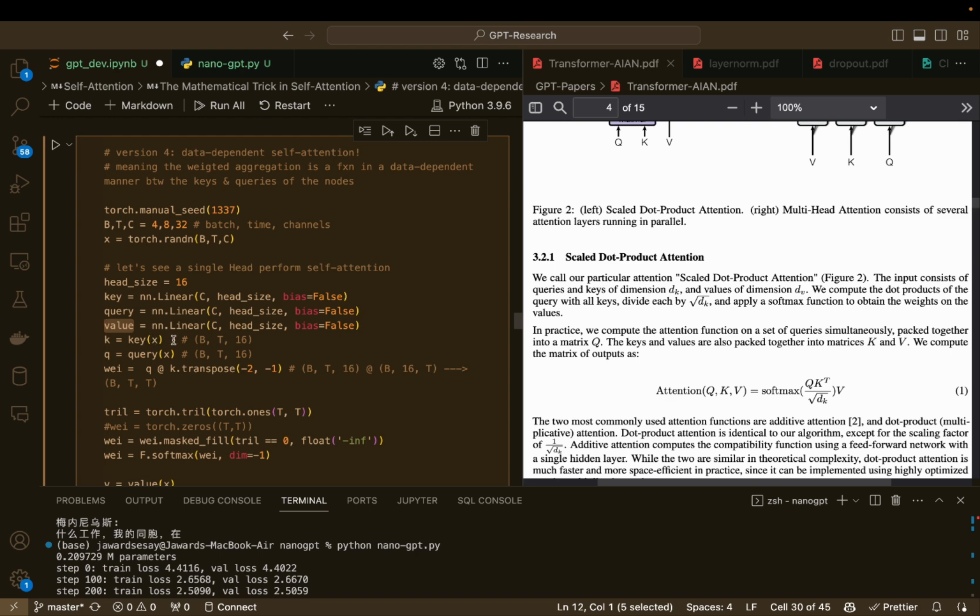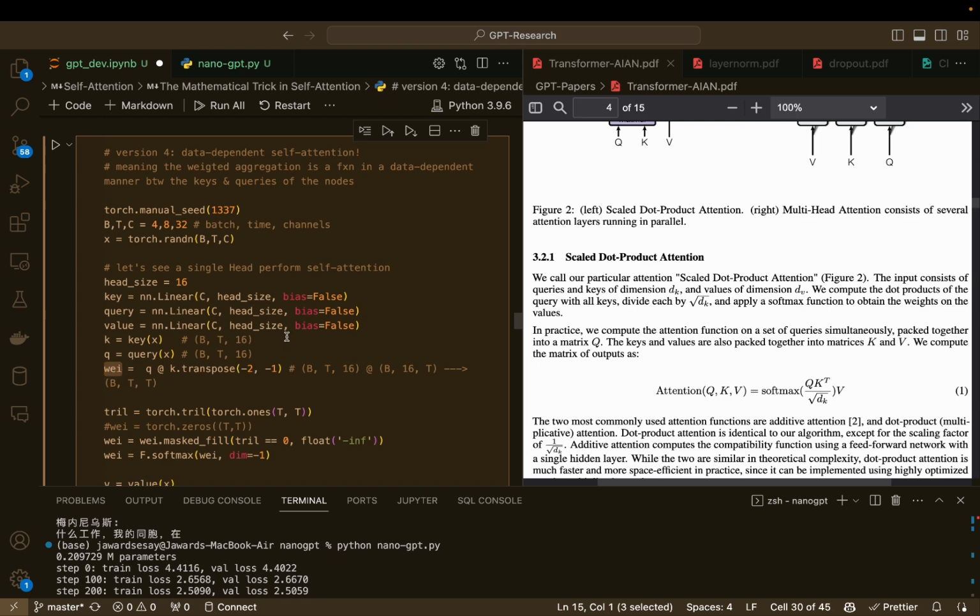If we take the dot product of the keys and the queries, we will be able to get more suitable weighted aggregated values. Wei will now be a data-dependent vector.